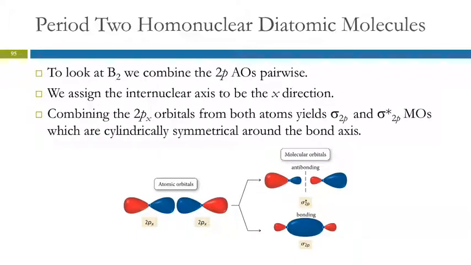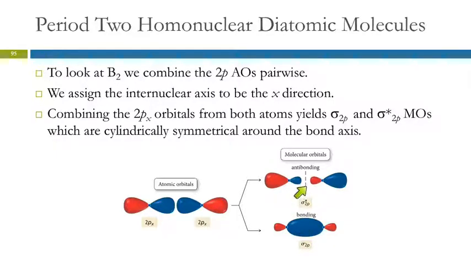When we get to boron, now we're bringing p orbitals into the mix. So we need to look at what happens when we create molecular orbitals from the p orbitals. We can take the 2px and the 2px orbitals from both of these atoms and add them together. If we add them together so that the overlapping lobes are in phase, we get a bonding orbital.